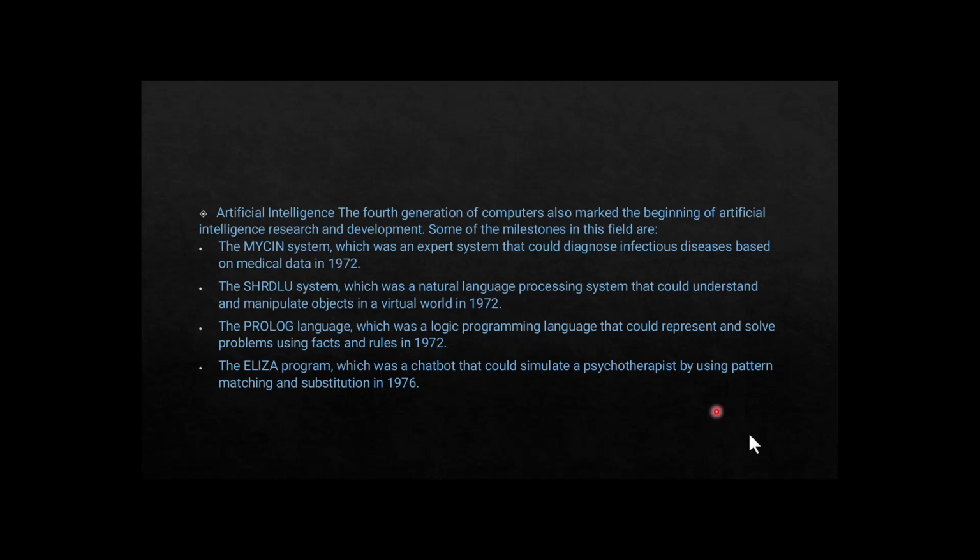The Prolog language, which was a logic programming language that could represent and solve problems using facts and rules in 1972. And we have the ELIZA program, which was a chatbot that could simulate a psychotherapist by using pattern matching and substitution in 1976.